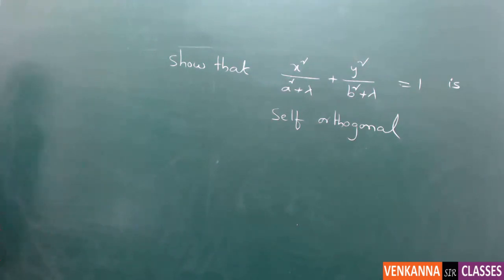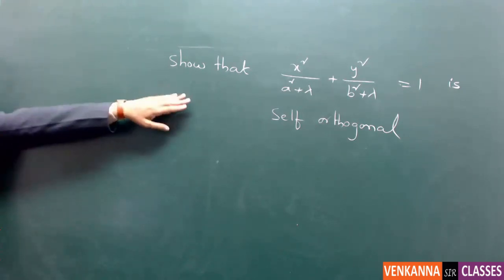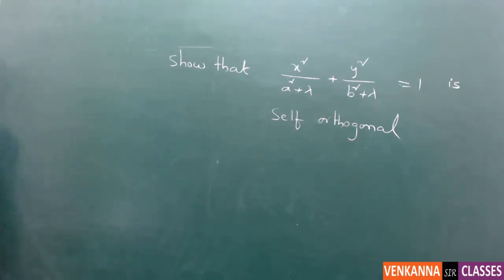Now please understand one thing, that self-orthogonal is nothing but the system of curves which you have taken intersects within itself perpendicularly. That means the system itself intersects at right angles. Such a type of family of curves is called self-orthogonal. So, how to prove that the given system is self-orthogonal?